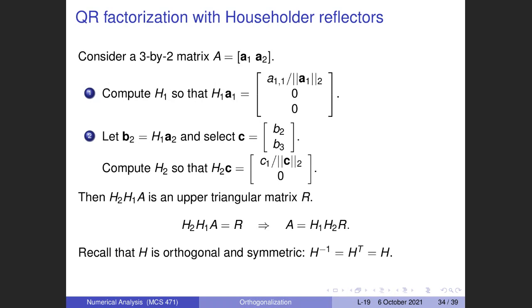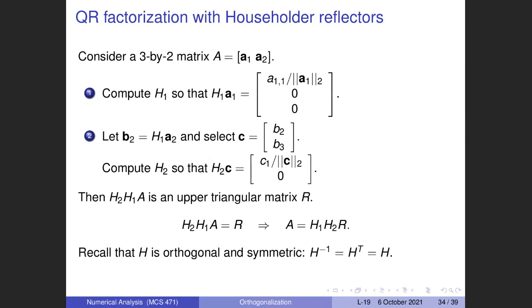All right. So how does this algorithm work? So far we have only reduced one column. Well, here is how you can continue. On a 3x2 matrix, you continue kind of recursively.